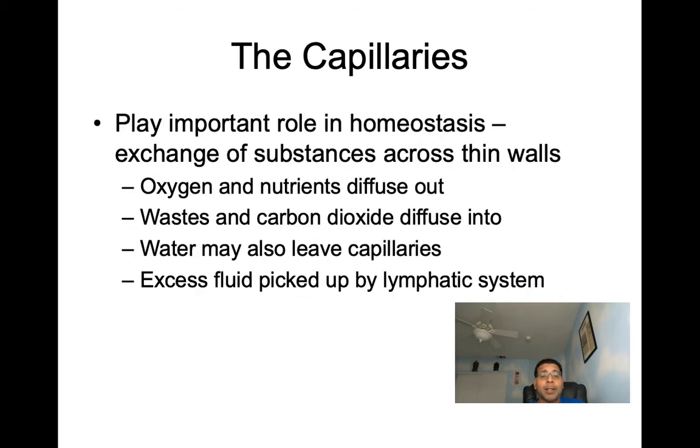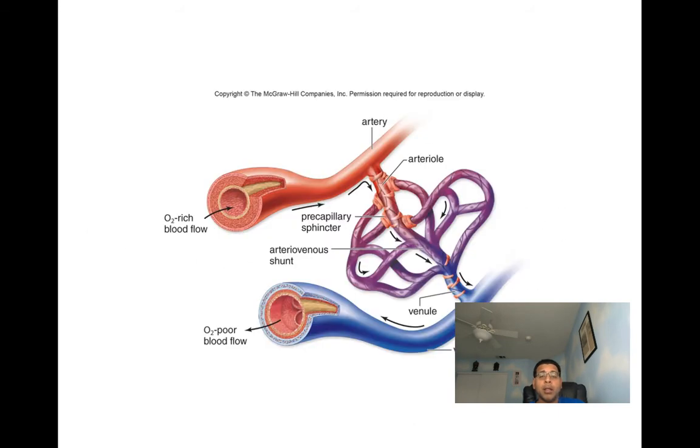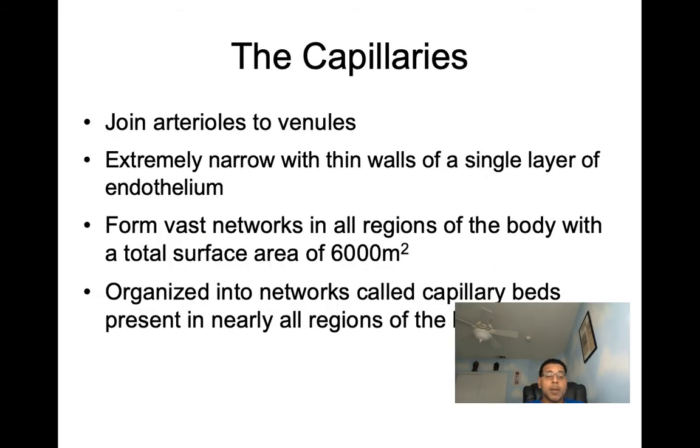And we'll look at that structure right in here. Here is the arteriovenous shunt. And we're also going to have precapillary sphincters. These precapillary sphincters are going to regulate blood flow into the capillary vessels. It's a really neat structure, and we'll look at that in a few seconds.